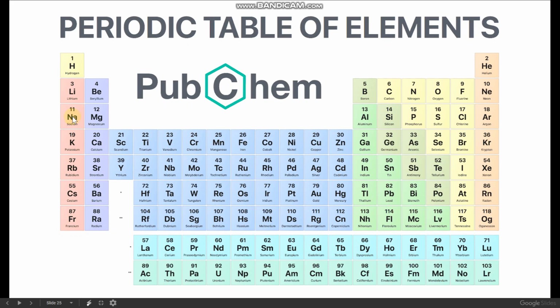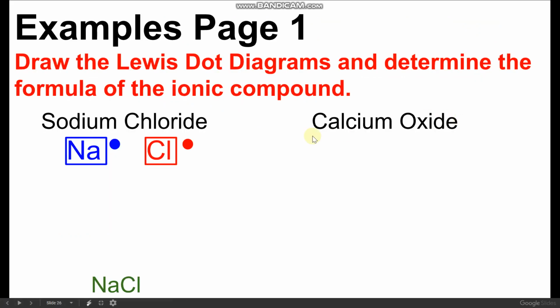It's the seventh element in its row, so we're going to put 7 valence electrons around it. Okay, so here's 1, 2, 3, 4, 5, 6, 7.